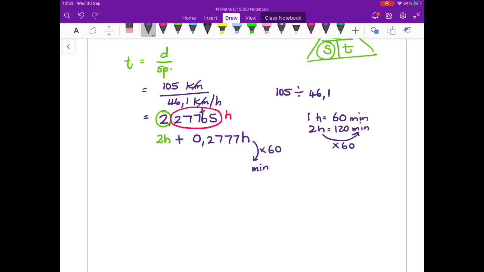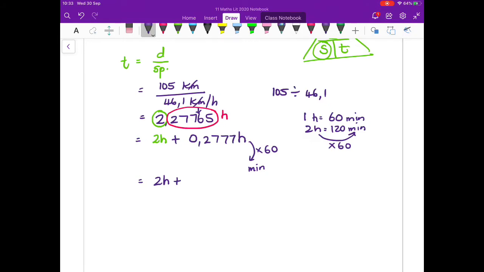So in your calculator, all you're going to do is type in 0.2777 multiplied by 60, and you will get 16.68. These are minutes, but remember this is a cycling race where seconds count.